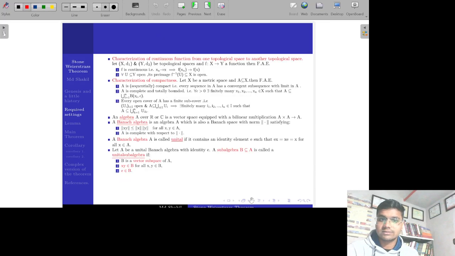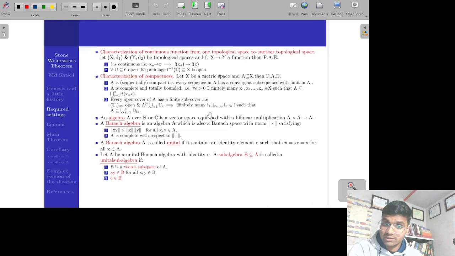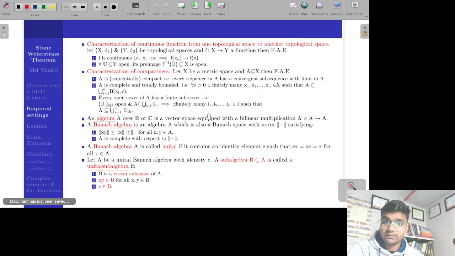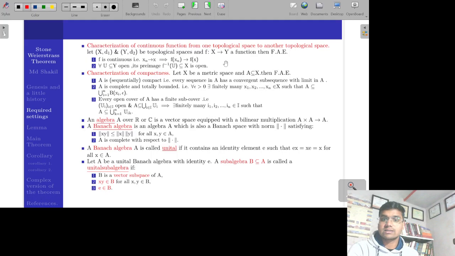And now we need some properties of continuous functions, the characterization of continuous functions. Consider a function from one topological space X to another topological space Y. When do we call a function continuous? These two points, 1 and 2, are equivalent to each other.